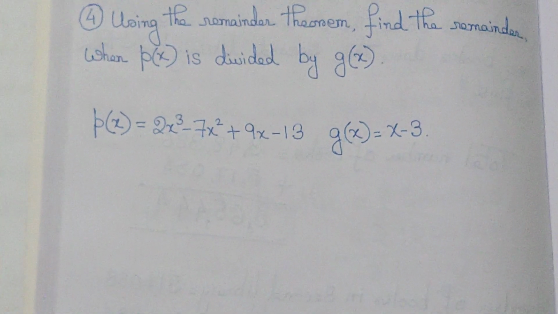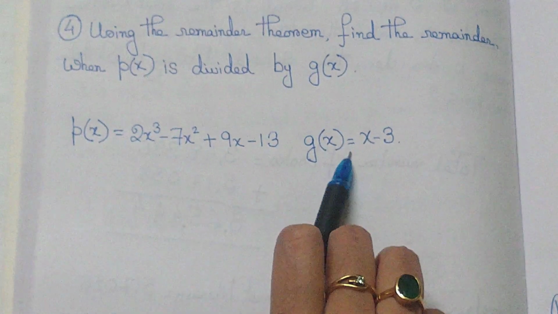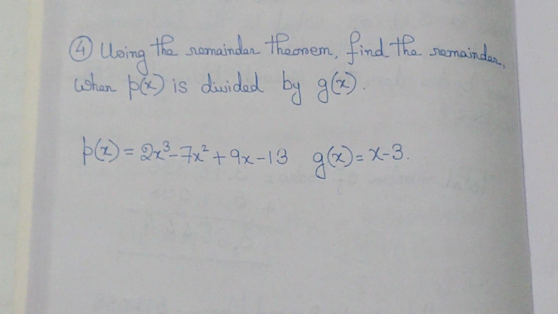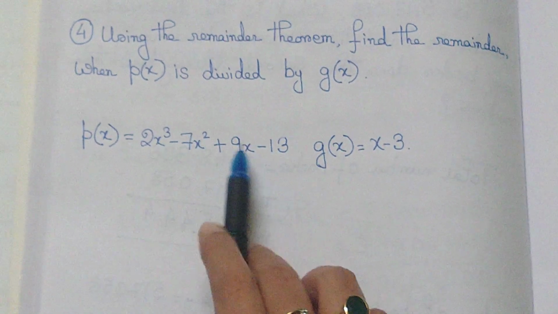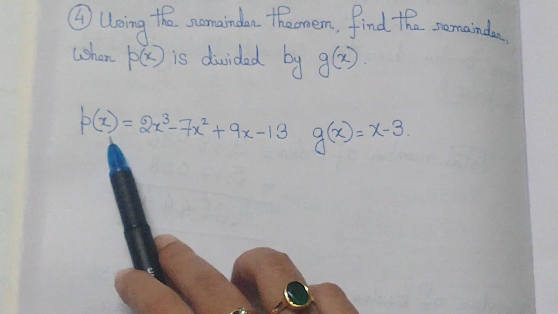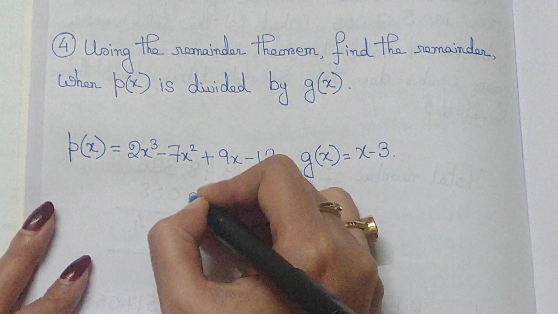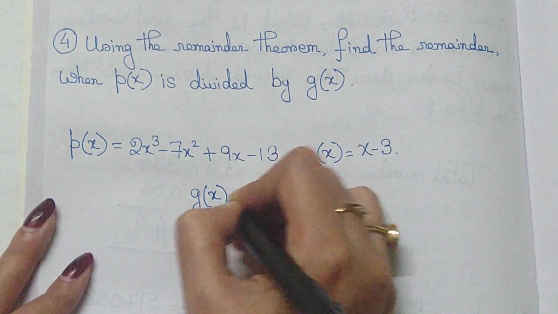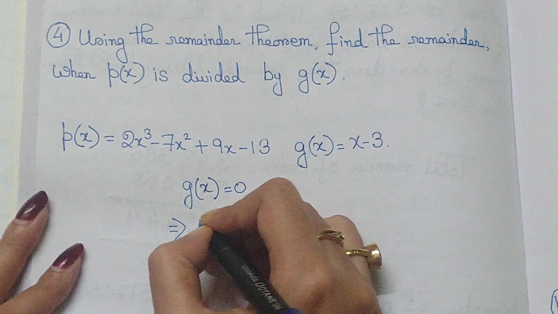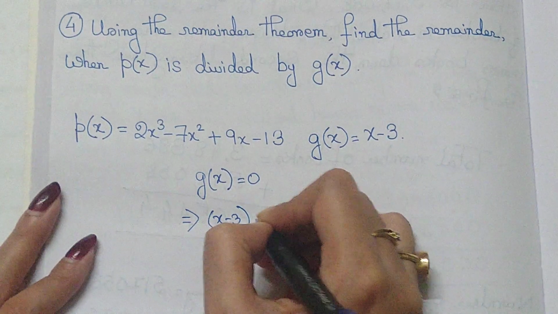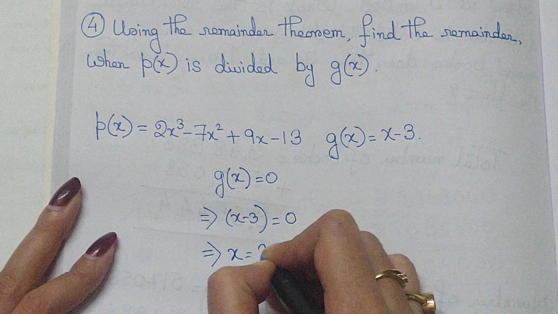Before we apply the remainder theorem, we need to find the value of x, that is alpha, where alpha is a real number, and x will be substituted by that alpha. So the first step: g(x) equals 0 implies x minus 3 equals 0, which implies x equals 3.